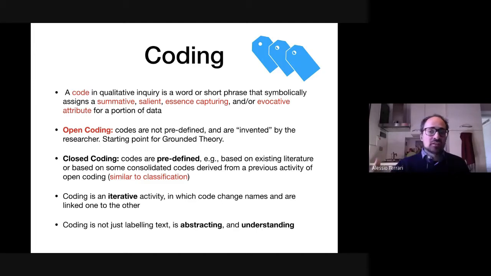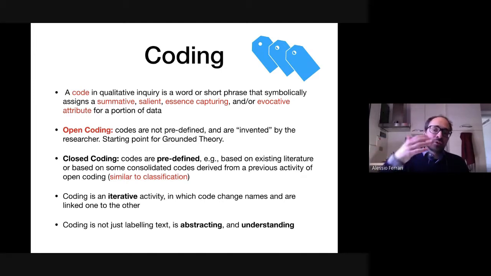For example, if I'm doing a series of interviews on the defects in requirements, at the first stage of open coding, I might find a list of typical defects that are mentioned, and in the second phase, I may use these types of defects to code new interviews, to understand whether other defects emerge, and to find out if the codes identified on the previous data are appropriate to analyze also the new data.